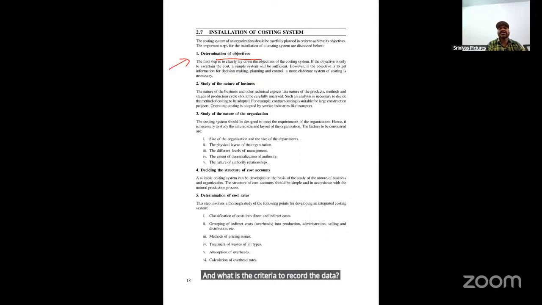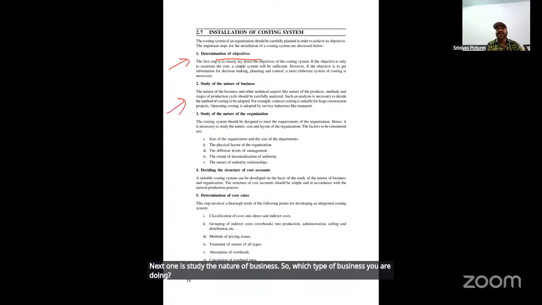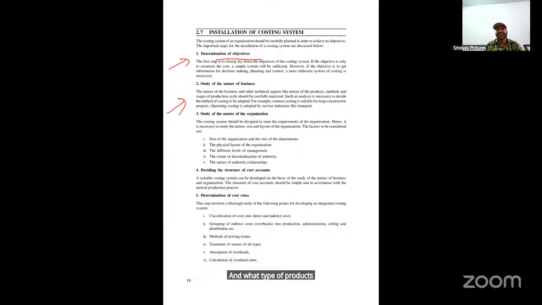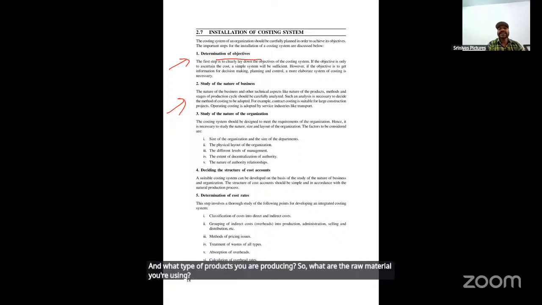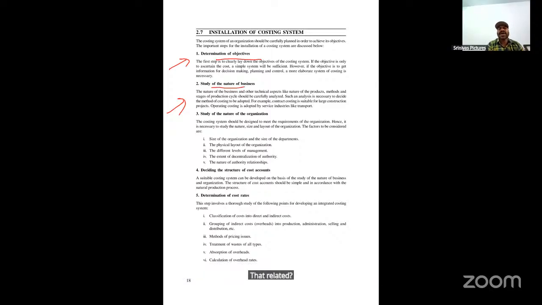All the objectives you need to determine first. Next is study the nature of business. See which type of business you are doing, what type of products you are producing, and what raw material you are using. That related information you have to study, so according to it you install the suitable system.